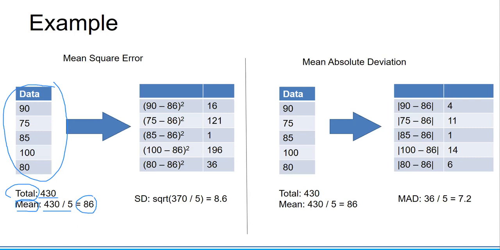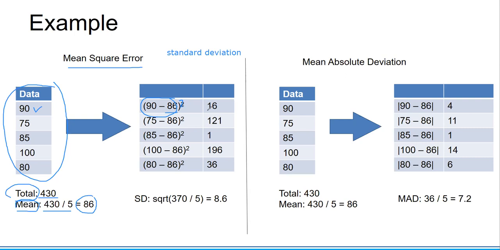Then if you do the mean square error, or the common standard deviation, using the mean square error, for every score it will be subtracted with the mean, and we will square it.